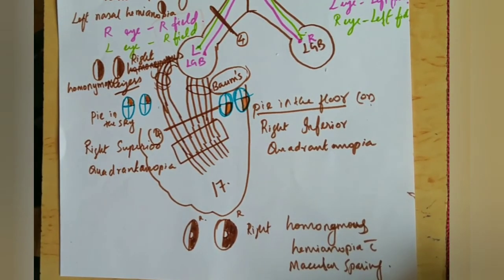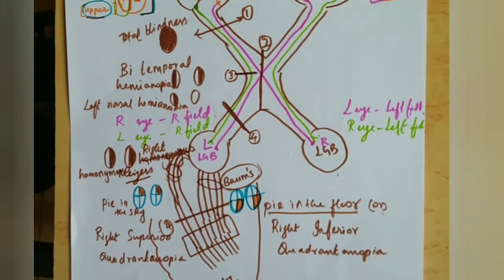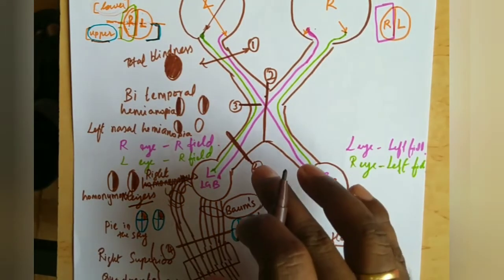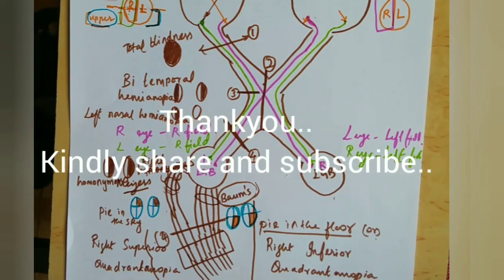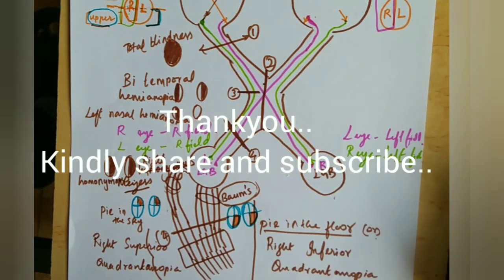Okay, so these are the clinical conditions because of lesions of the optic nerve, optic chiasma, optic tract and the optic radiation at different levels. Thank you.